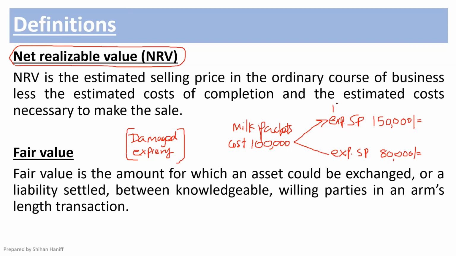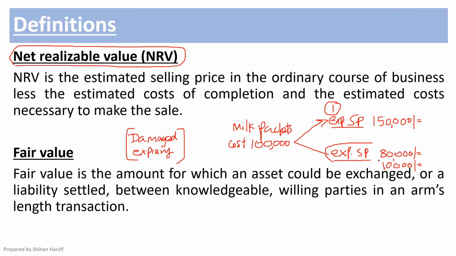So in the first scenario, if you are selling at a higher price, this is the expected selling price. And sometimes, let's say we are selling at a loss, but if you want to sell immediately, you might have to spend on advertising and other selling expenses. Let's say there is an expected selling expense of 10,000 for a banner or a marketing campaign.